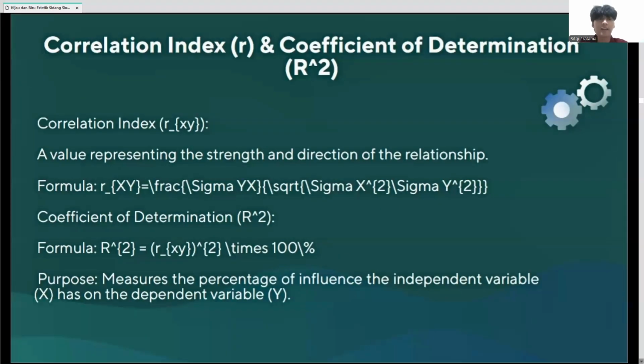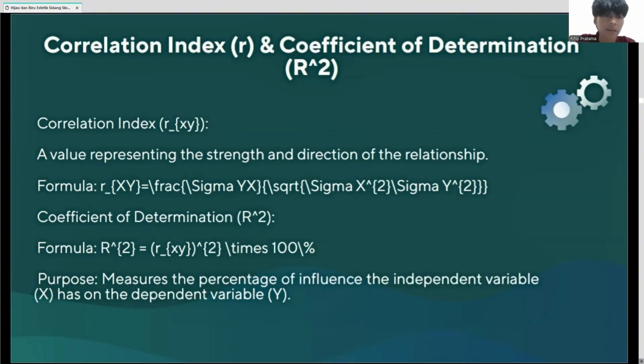Correlation index r and coefficient of determination r squared. Correlation index rxy, a value representing the strength and direction of the relationship. Formula: rxy equals sigma xy over the square root of sigma x squared times sigma y squared.